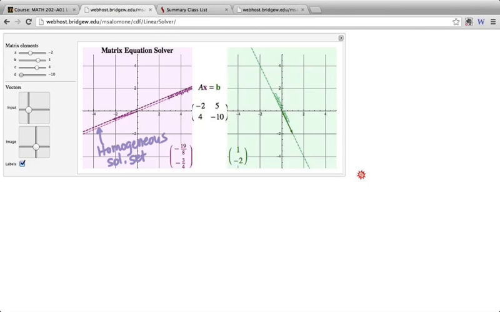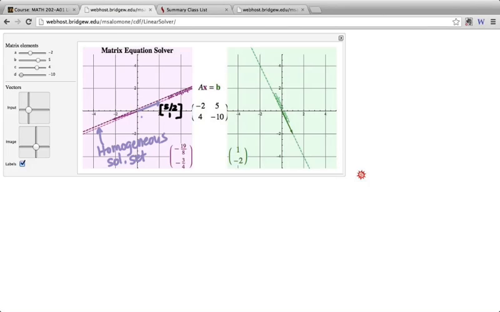And not only that, the vector (5/2, 1) that you found a second ago, that vector is right there along our solution set line. Meanwhile, the solution set of this inhomogeneous equation is the stronger purple line that's right next to it.